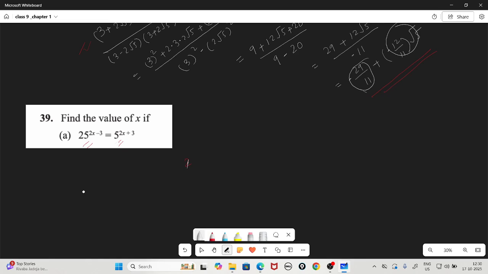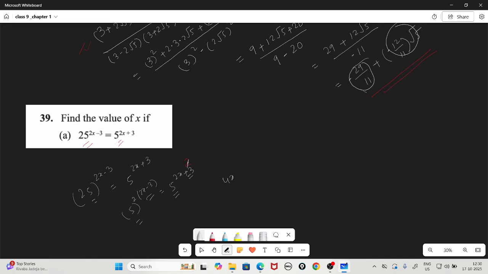25 to the power 2x minus 3 is equal to 5 raised to 2x plus 3. What we'll do, 25 is 5 square, so 5 square into 2x minus 3 equals 5 raised to the power 2x plus 3. Now as the bases are same, we will simply equate the powers.